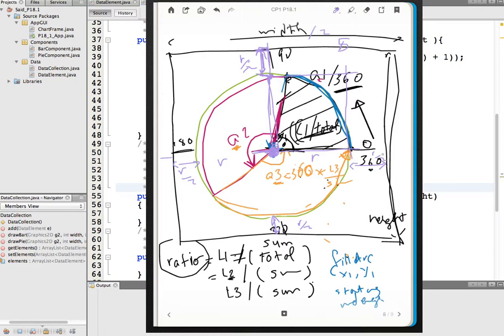So the height will be 3 radius, so the radius will be the width over 3, and the height over 3. So this distance I can make height over 3, this one height over 3.